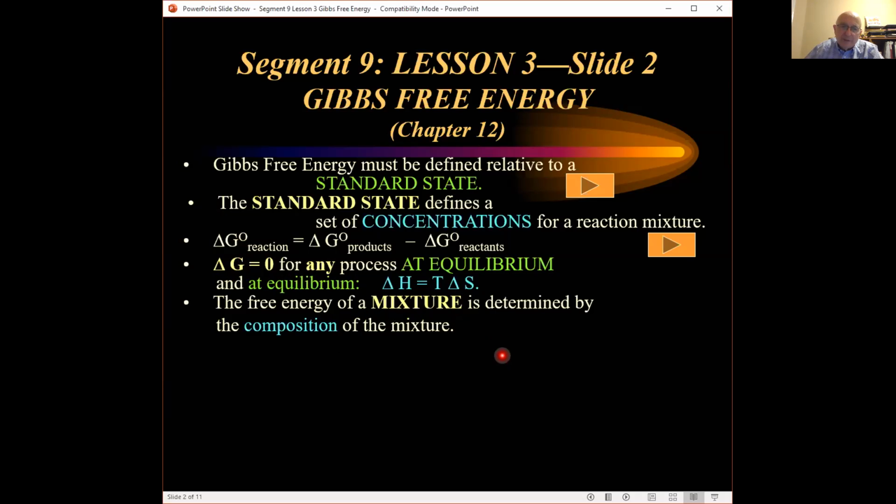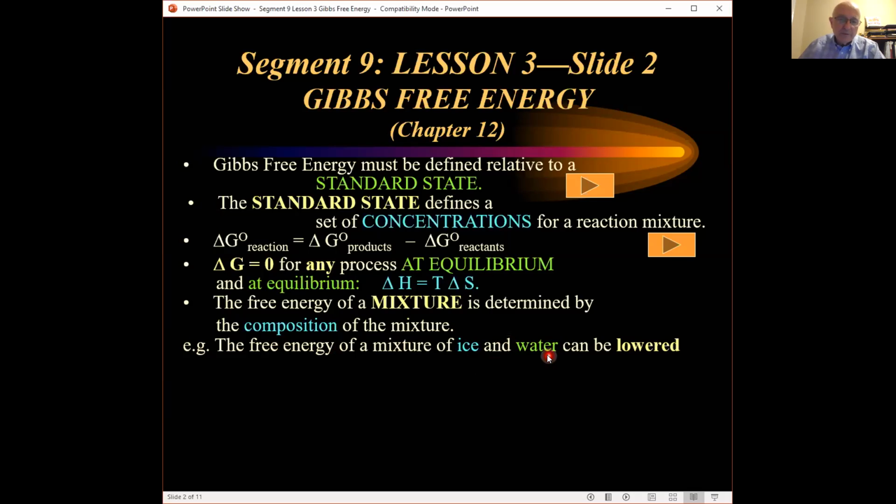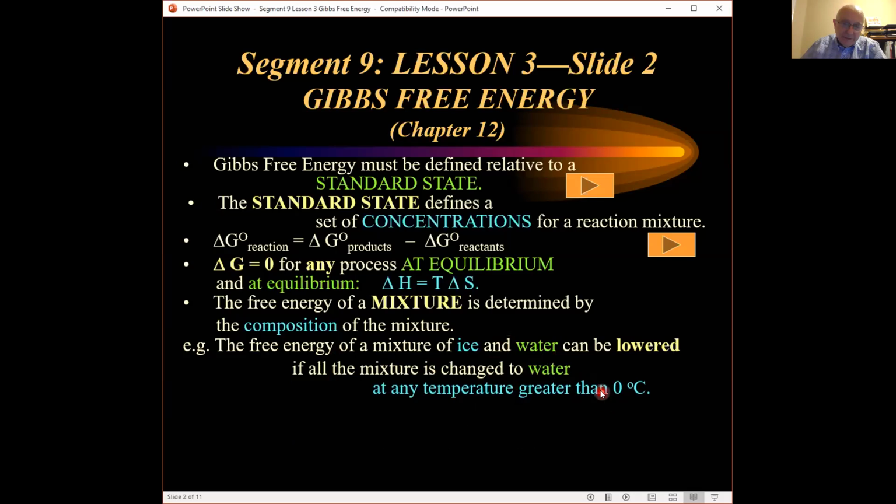The free energy of a mixture is defined by the composition of the mixture. For example, if I had ice and water mixed together, the free energy would be lowered if the mixture is changed to water at 25 degrees. So at any temperature greater than 0 degrees, you will get the ice going to water.